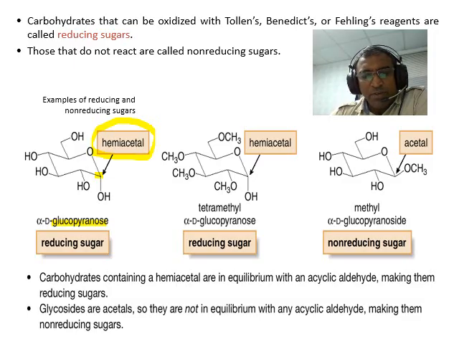Similarly, the tetramethyl alpha D glucopyranose also has the anomeric carbon and therefore is a hemiacetal. Therefore, it can reveal the carbonyl group when it becomes acyclic. The one that is a non-reducing sugar is this methyl alpha D glucopyranoside, where it is an acetal, not a hemiacetal. When it's an acetal, it cannot mutarotate and therefore it cannot become a reducing sugar.